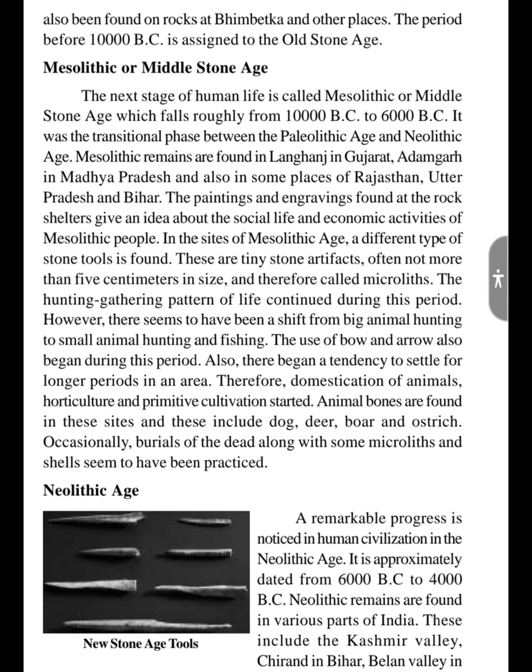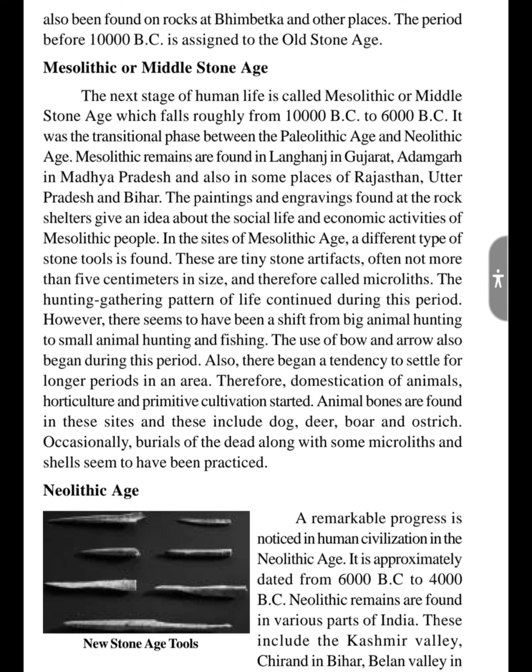In the sites of the Mesolithic age, a different type of stone tool is found. These are tiny stone artifacts, often not more than 5 centimeters in size, and therefore called microliths.